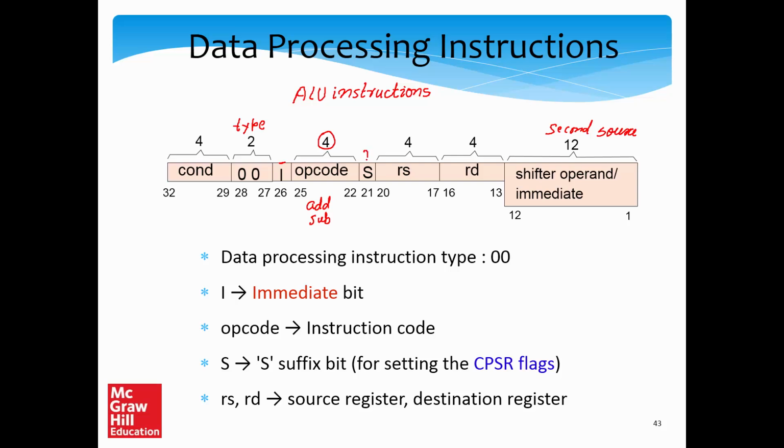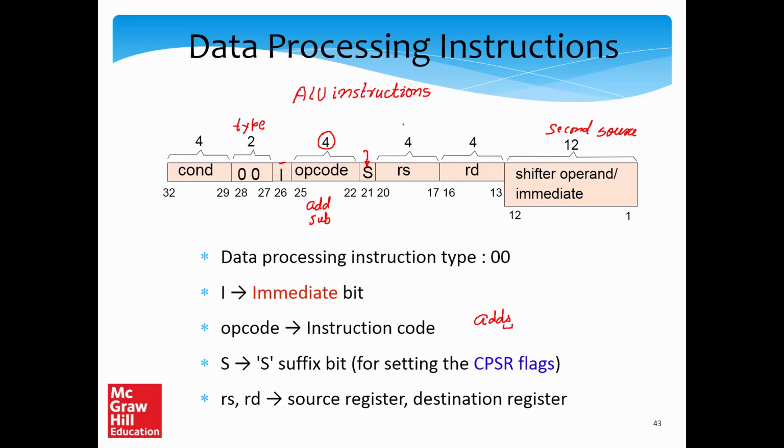The 21st bit is the S bit. The S bit is the S suffix that we talked about. For example, we talked about the instruction ADDS. The ADDS instruction sets the CPSR flags, the program status register flags. So this is the S suffix, and it can be added to any data processing instruction. This will automatically make it set the CPSR flags.